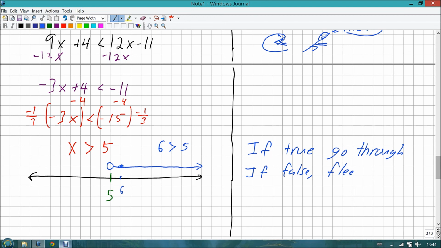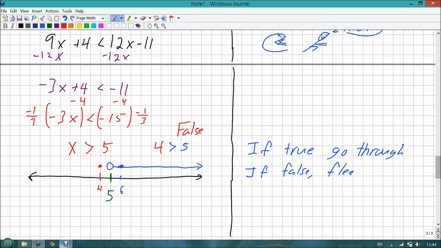So for an example, if I was to pick this point over here, which would be 4, and let's do this in a different color other than blue. Let's do it in red. Like if I picked this point over here, which is at 4, I would plug it into the same thing. I would say 4 is greater than 5. Is 4 greater than 5? No. So this makes a false statement.